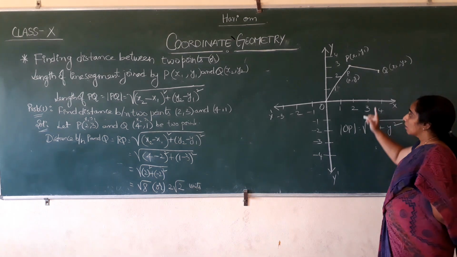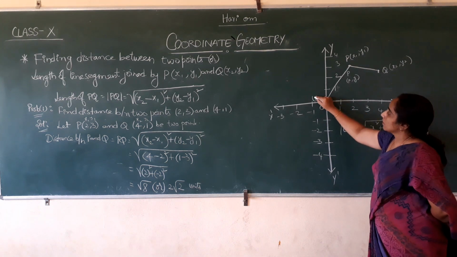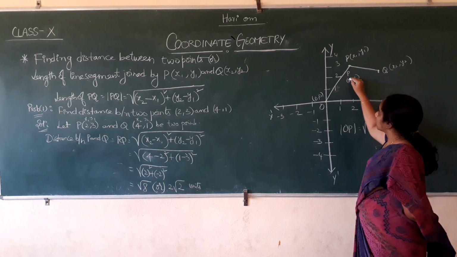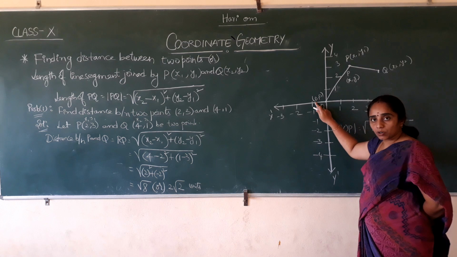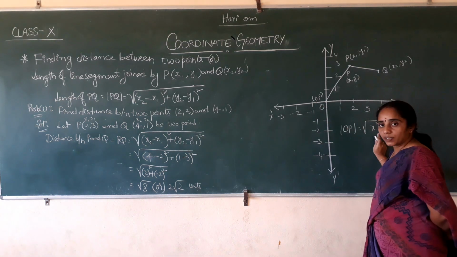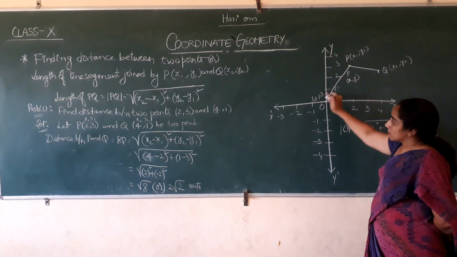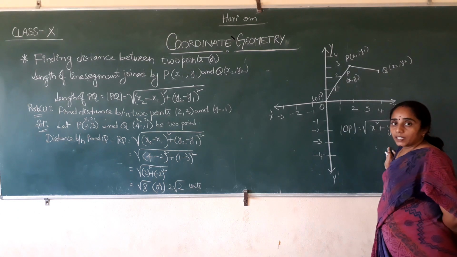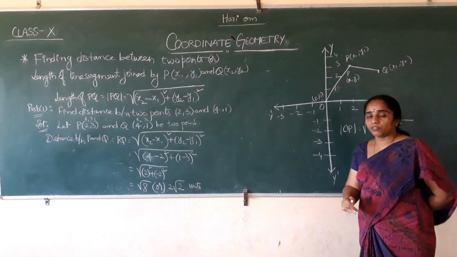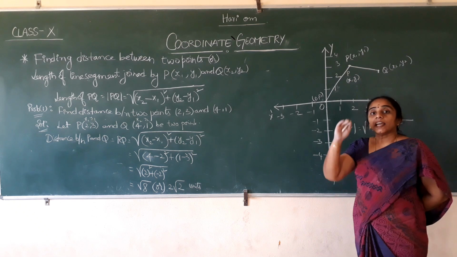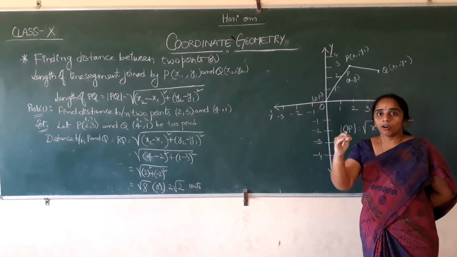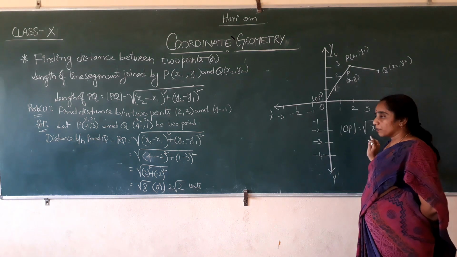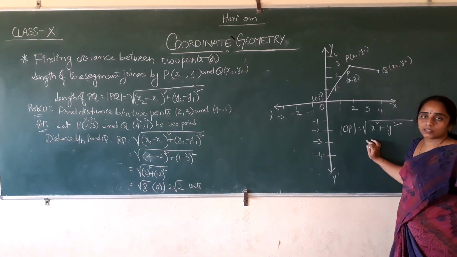Why? Because here it is (0, 0) and here it is (x, y). So (x minus 0) whole square is x square, (y minus 0) whole square is y square. So the distance from the origin to any point on the plane is the square root of x square plus y square.